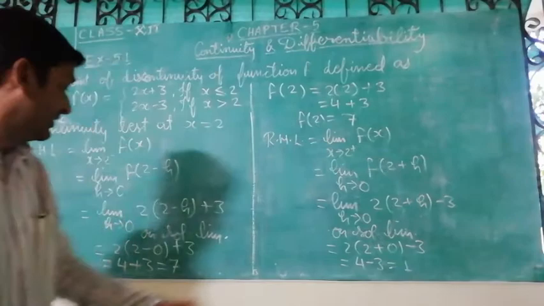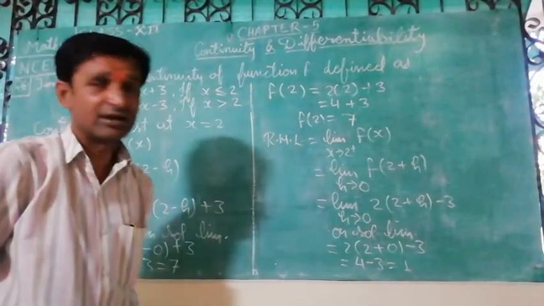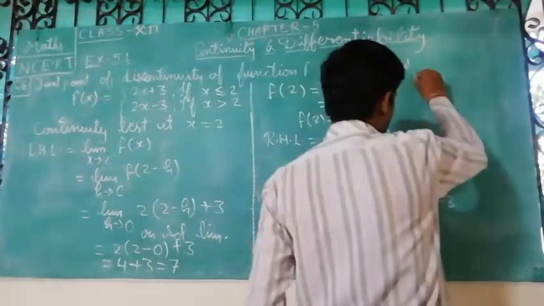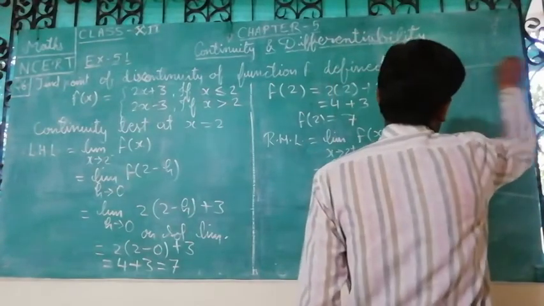Here it is 7, here it is 7, but here it is 1. So that's why it is not continuous. Let us write the final statement of the question.